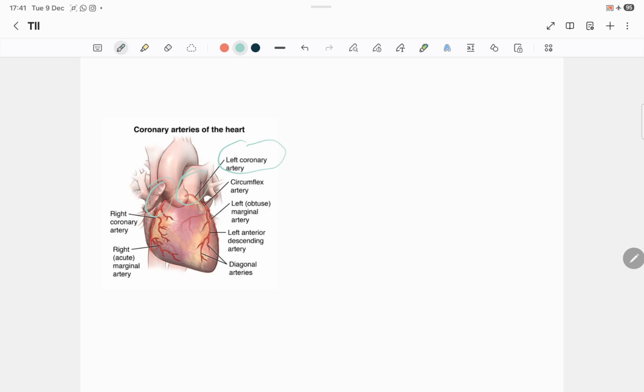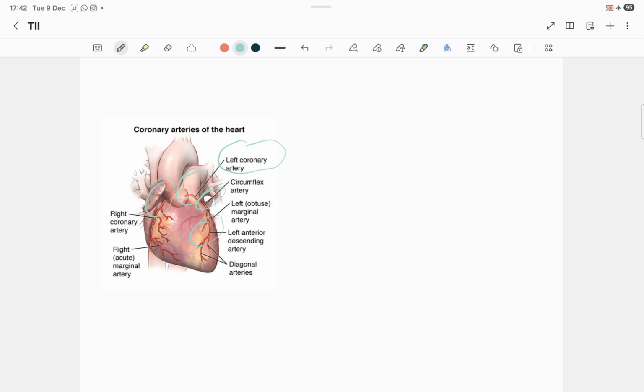The left coronary artery branches off to the circumflex artery, which wraps around into the side of the heart. And then the left anterior descending artery, which is our main character of the day, branches off into the diagonal arteries, and it supplies the whole front of the heart, the anterior aspect.